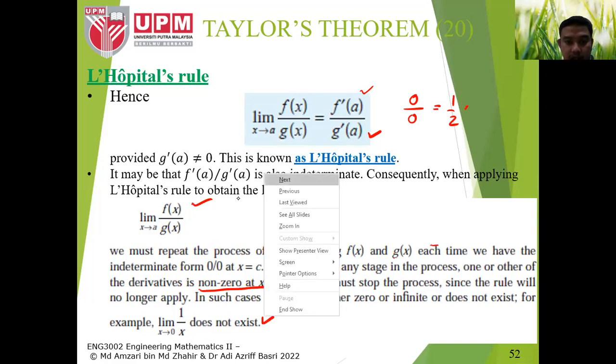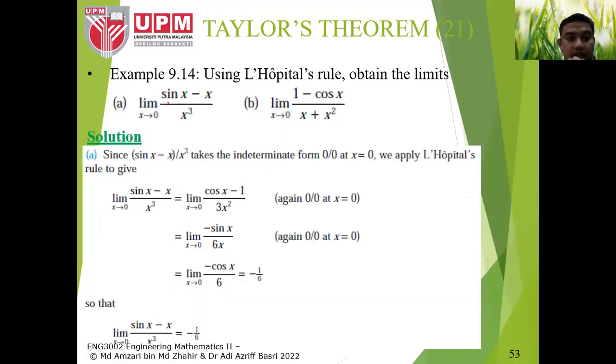For example, use L'Hopital's rule to obtain the limit of x approaching 0 of (sin x minus x) divided by x cubed. When you put in x equal to 0, you automatically get 0 over 0, which is indeterminate. So you use L'Hopital's rule: differentiate the numerator sin x minus x to get cos x minus 1, and the denominator becomes 3x squared.